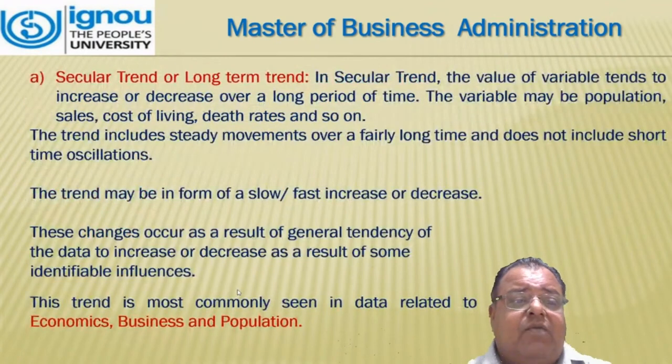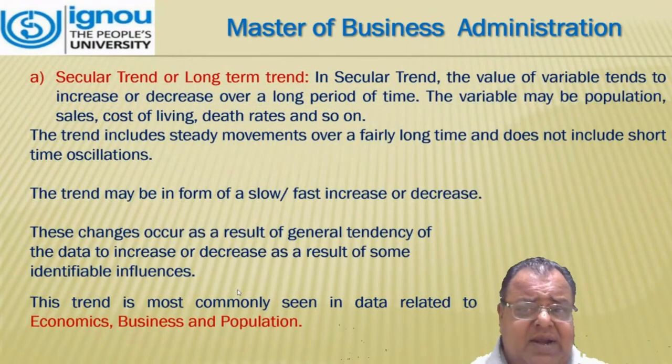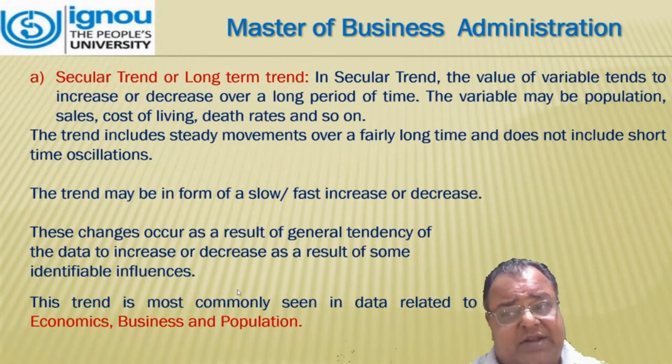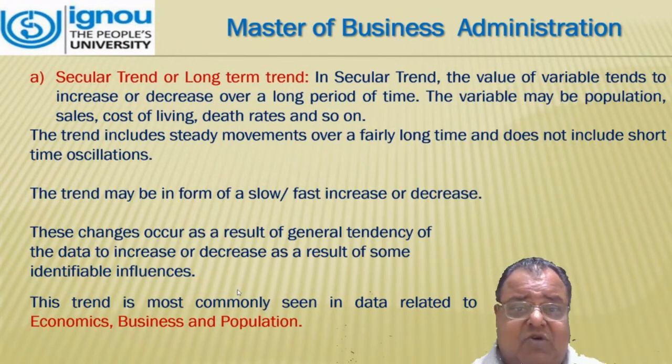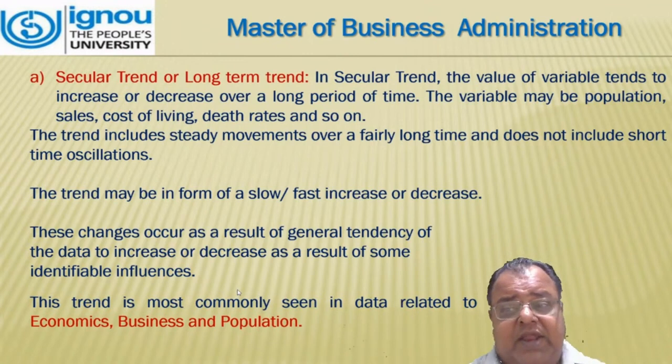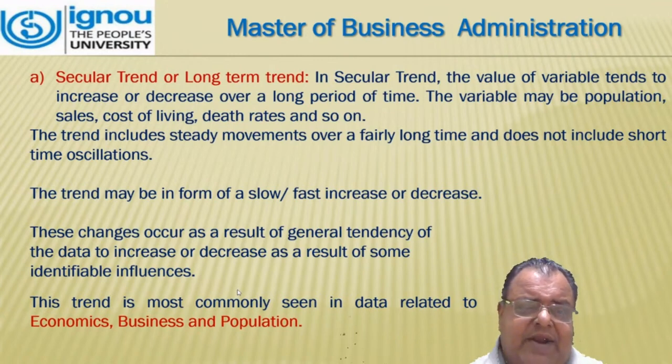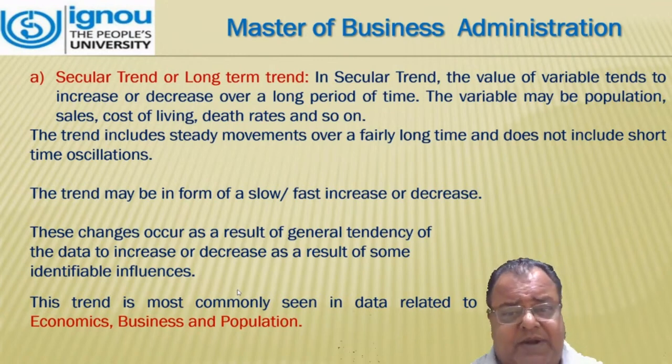First, we will see what is secular trend or long-term trend. In secular trend, the value of variable tends to increase or decrease over a long period of time. The variable may be population, sales, cost of living, death rates, and so on. The trend includes steady movement over a fairly long time and does not include short time oscillations.